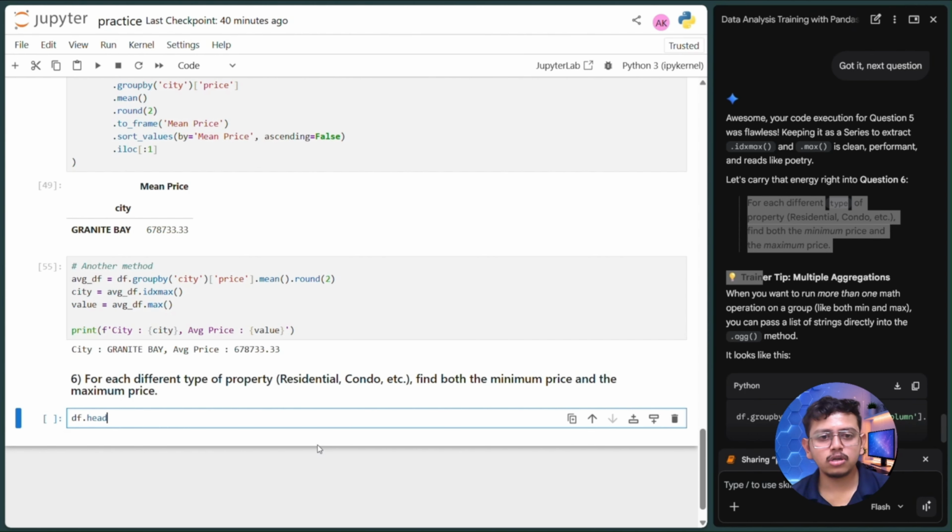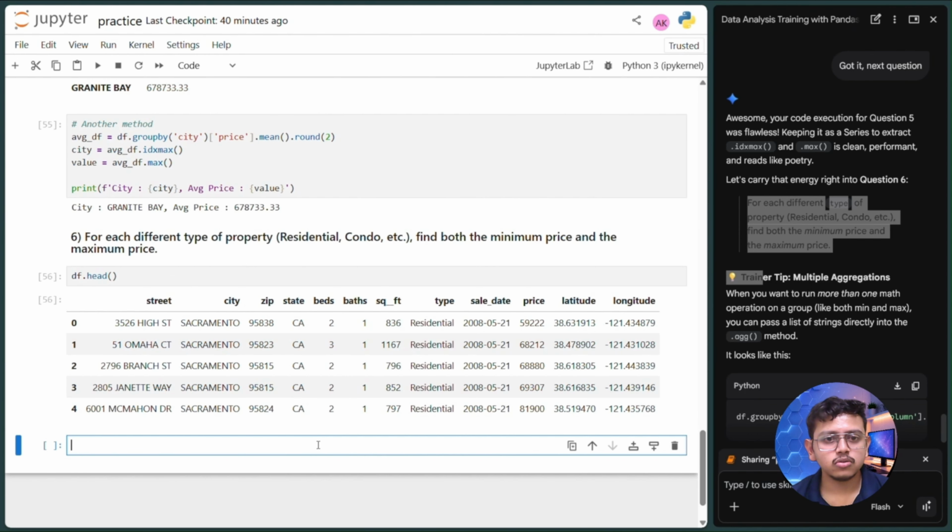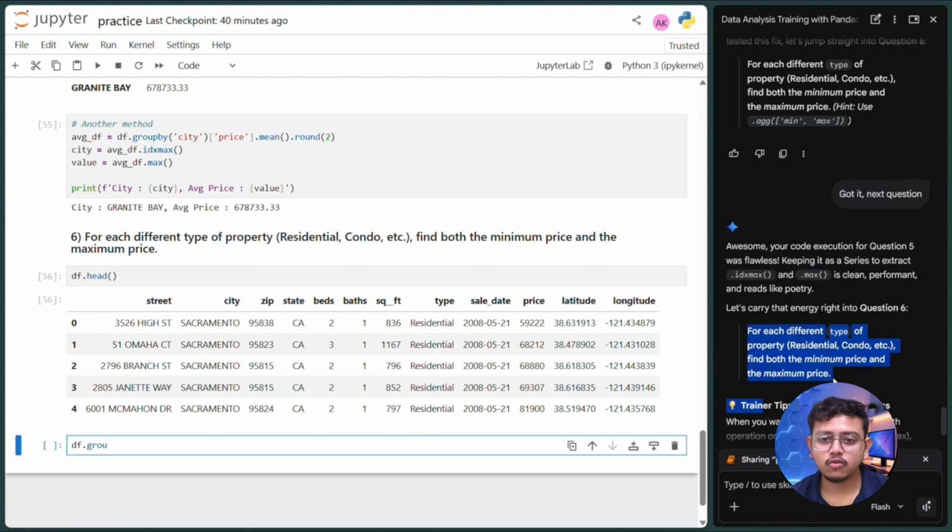Let us move on to the sixth question now. We need to find the different types of property and find both the minimum and the maximum price. So we understand that we need to group by on the basis of type of property. We will group by the type, and also select the price column.